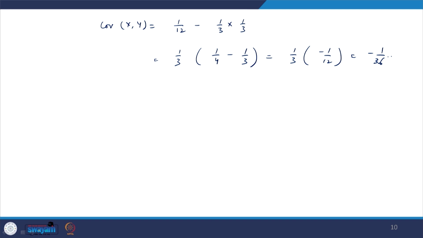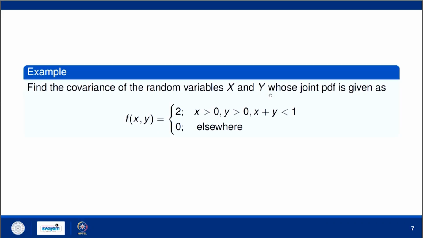So, that will be the covariance of x and y. 1/3 can be taken out common, so it is 1/3 into minus 1/12, that is minus 1/36. So, that will be the covariance of x and y. In this case they are negatively correlated. That means if x is increasing, y is decreasing, or if y is increasing, then x is decreasing. Okay. So, in this way we can find out the covariance of two random variables x and y.